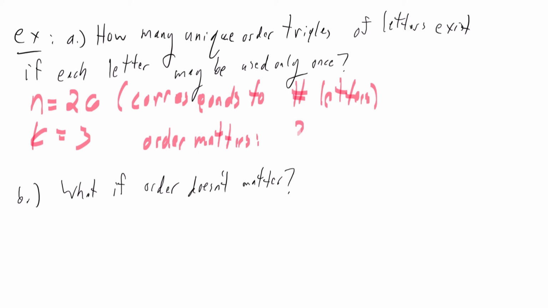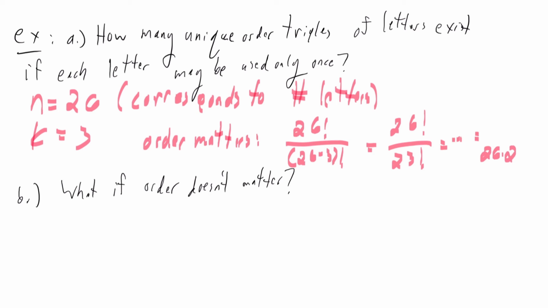So I get 26 factorial over 26 minus 3 factorial. And if you work this out, this is 26 times 25 times 24, which is equal to, I think, 15600.